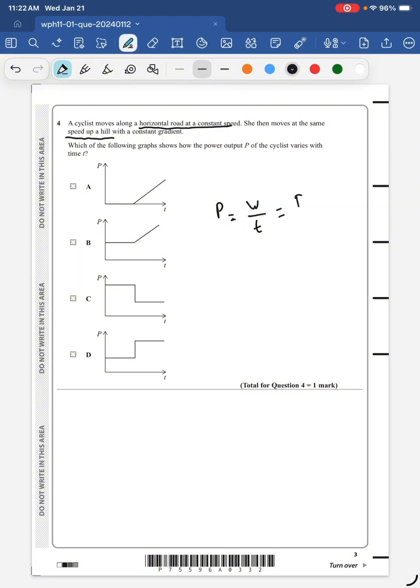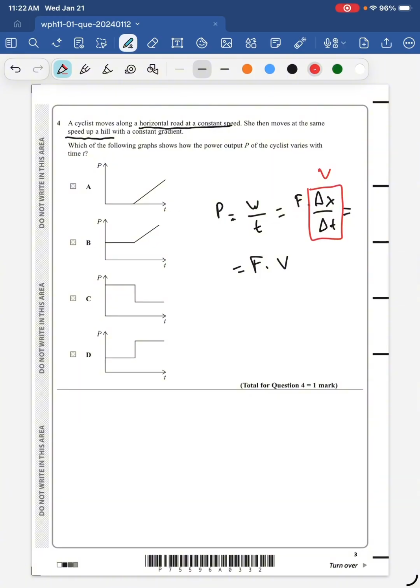The work done though can also be written as force times the change in position, so the displacement, and then we can convert that to delta t. So the power output is F times V. Okay, this is something you have to derive though.